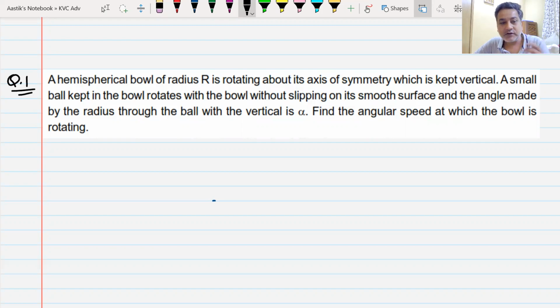A hemispherical bowl of radius r is rotating with its axis of symmetry kept vertical. A small ball is kept in the bowl. It rotates with the bowl without slipping on the smooth surface. If the angle made by the radius through the ball with the vertical is alpha, find the angular speed at which the bowl is rotating.